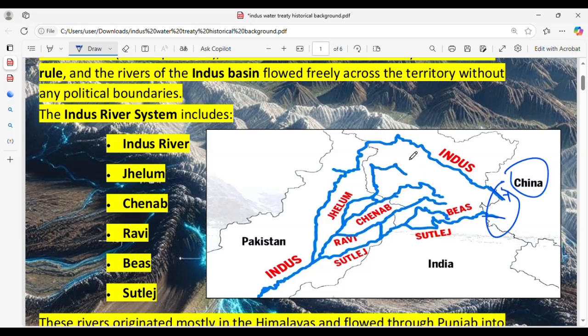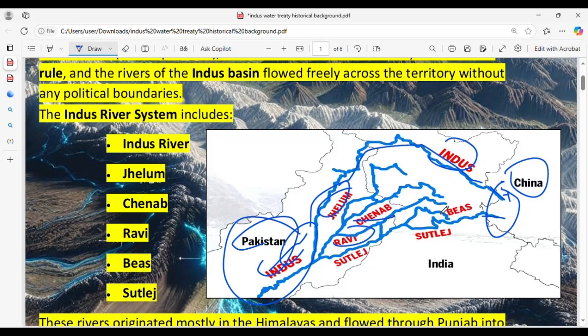The importance of this treaty is that every river flows from India to Pakistan, and Pakistan is enjoying the water of every river of this river system, whether it is Indus, Jhelum, Chenab, Ravi, Bias, or Satluj.